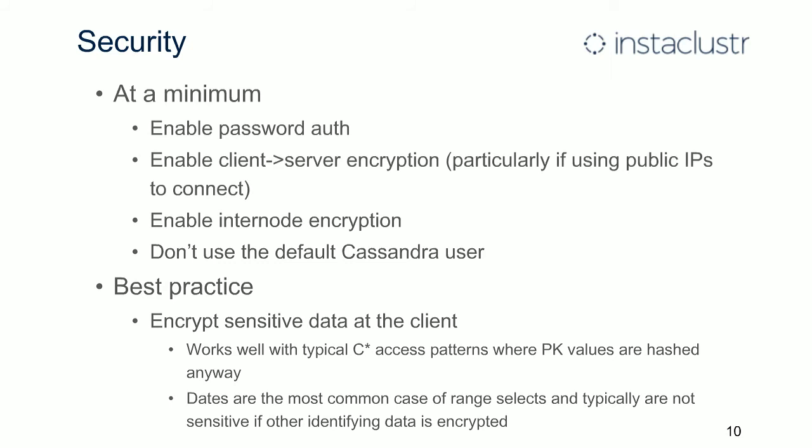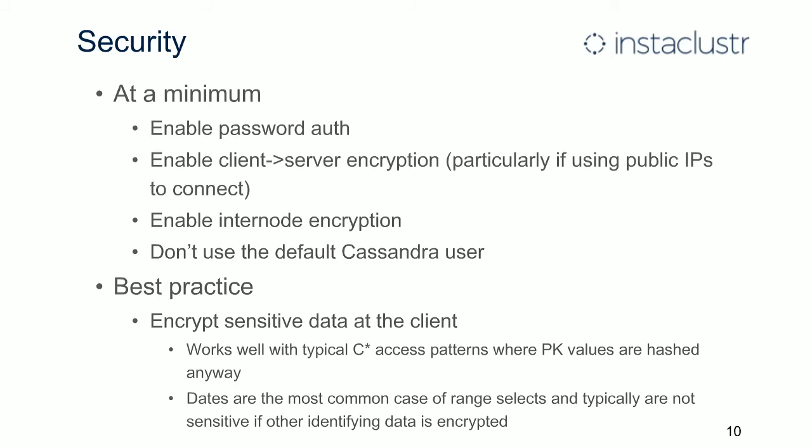In most cases, enabling client to server encryption, TLS, is also a good minimum practice. You possibly can get away without that if you're confident that you have a very secure internal network that you're using. But again, not necessarily a huge overhead to enable, and a worthwhile extra security step so that your password's not being sent in clear text.